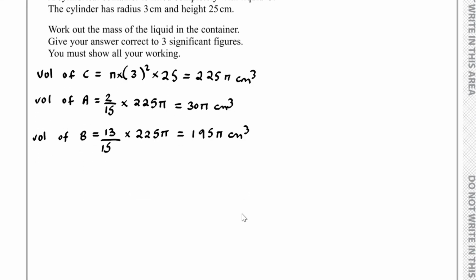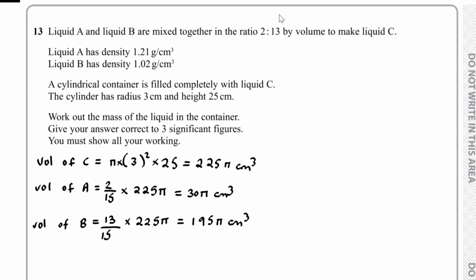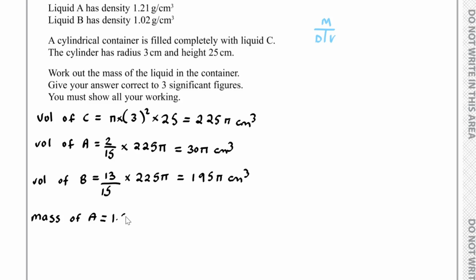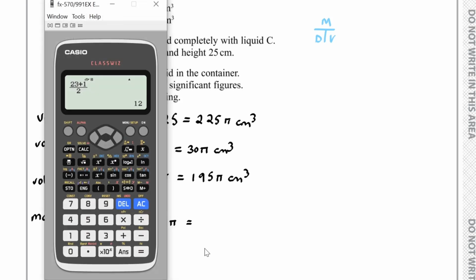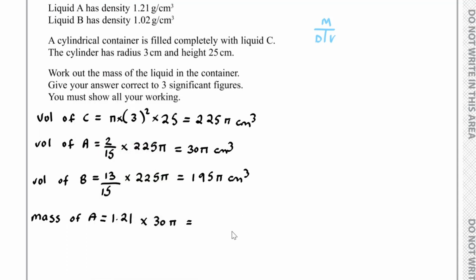So from this we can figure out the mass of A. And the way we can do that is recognize that density is equal to mass over volume. So the mass of A is equal to the density multiplied by the volume. So we've got 1.21 multiplied by 30 pi. Working this out, 1.21 times 30, it turns out we get 36.3 pi grams.